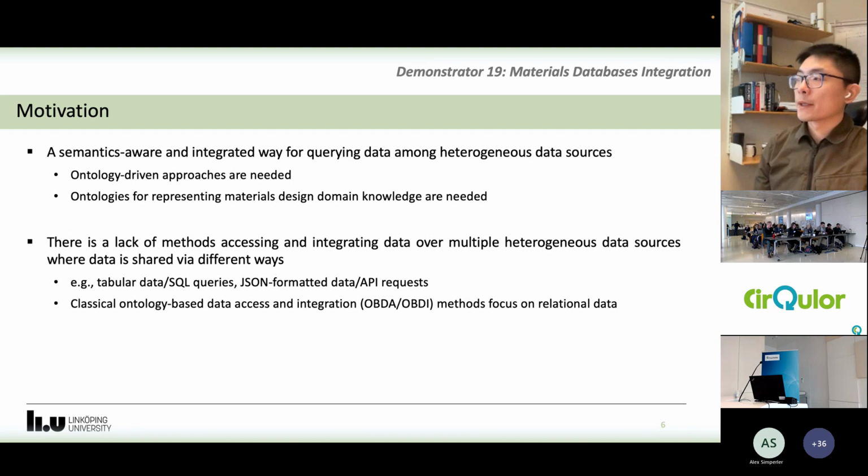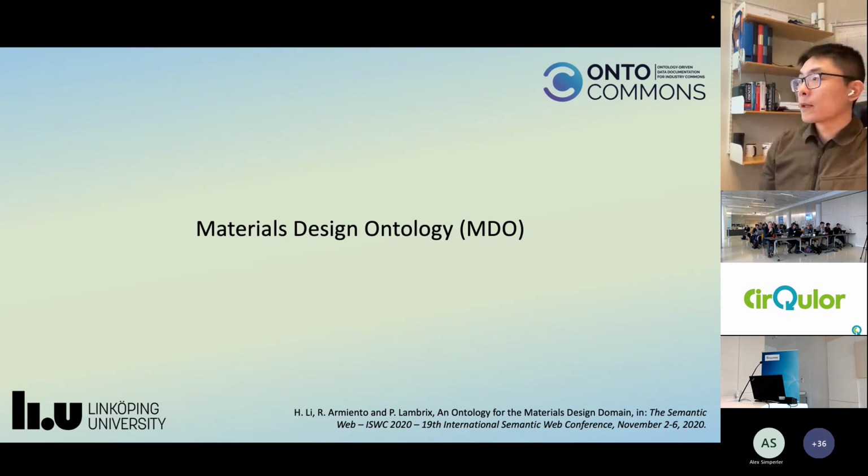Data may be shared and queried by different APIs, and the response may be shaped in different formats, for example, JSON or CSV. So there is not much work on providing semantic and integrated access in the materials design domain, neither formal methods nor approaches for making a semantic and integrated query to different databases.